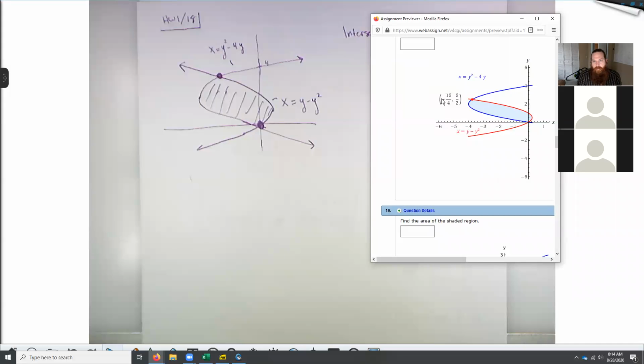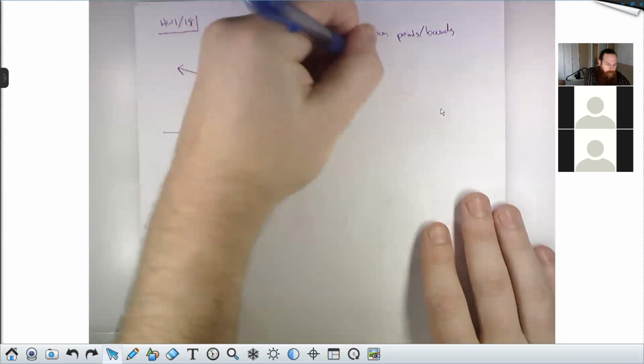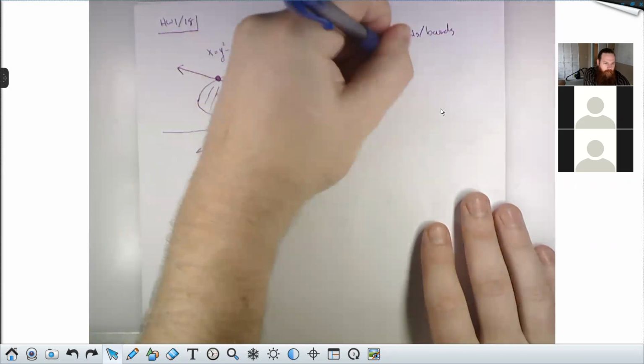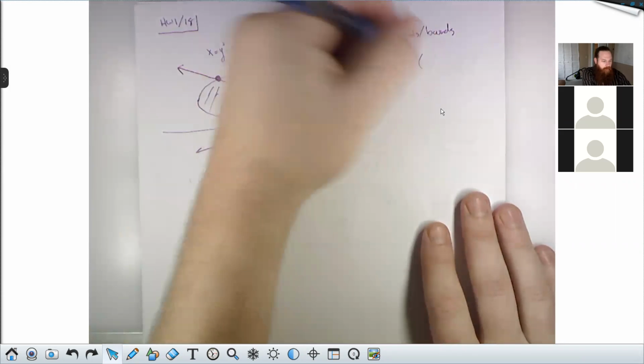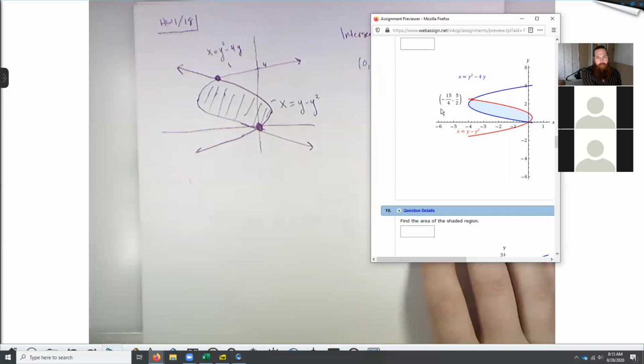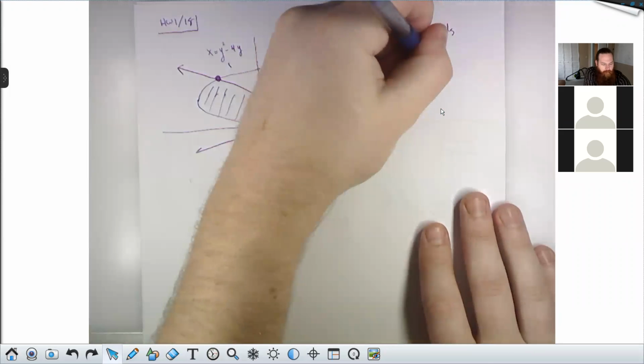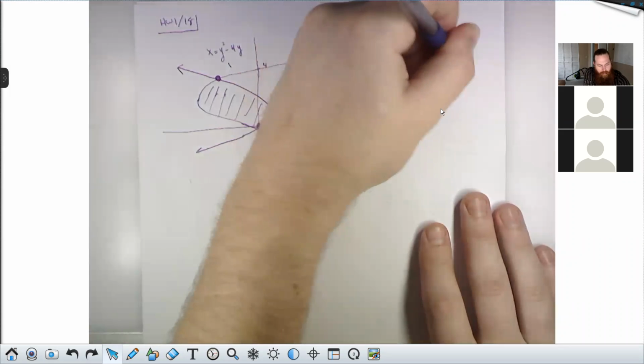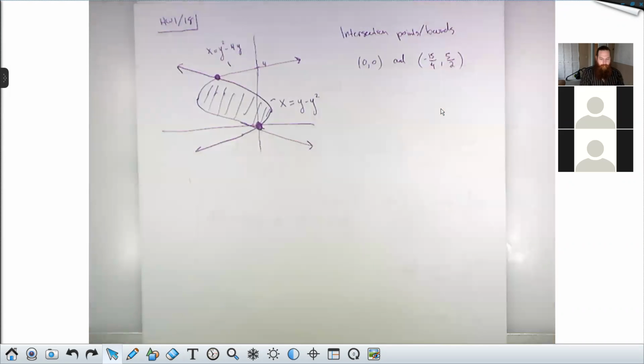I was thinking they might be giving us the vertex there, but I think you're right because this is the point that they've got filled in. So it does look like they've given us that point. So these are 0, 0 and negative 15/4, 5 halves. So they've saved us some time there. That's nice.